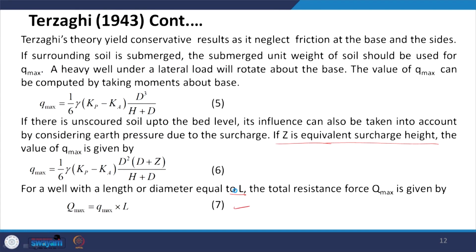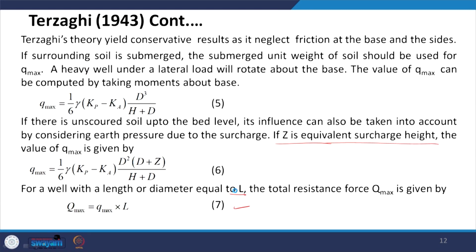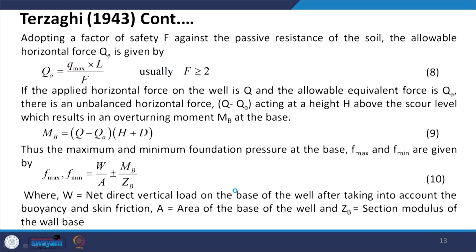Once this is known, the allowable horizontal force Qa can be calculated from equation 8. The difference between 7 and 8 is that you divide the value of Qmax by a factor of safety F, and usually for wall foundations the factor of safety F is greater than or equal to 2.